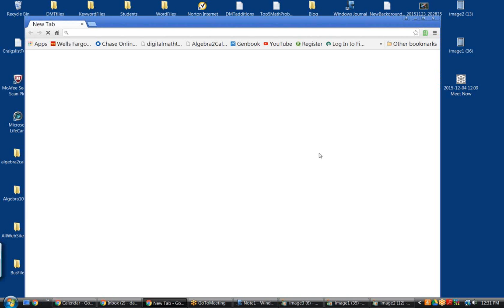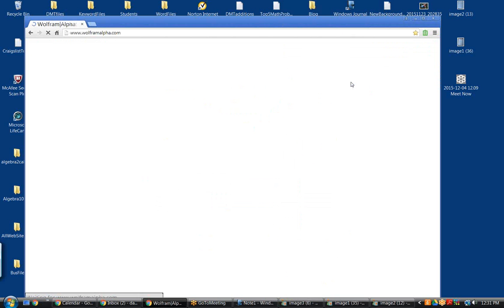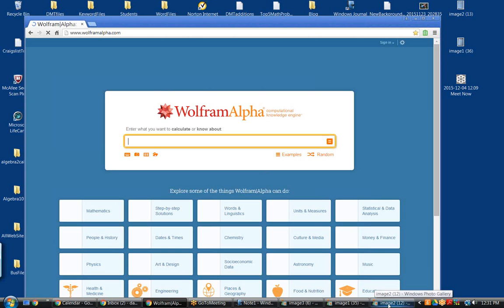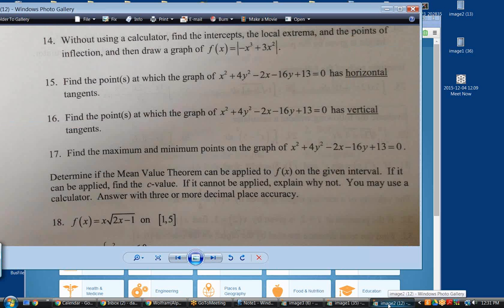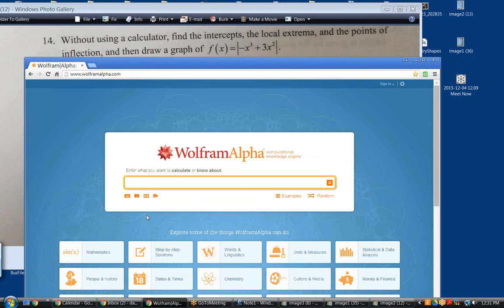I'm going to graph this thing on Wolfram Alpha. What was the function again? Absolute value. Let me graph it first without the absolute value. I know what the absolute value does.